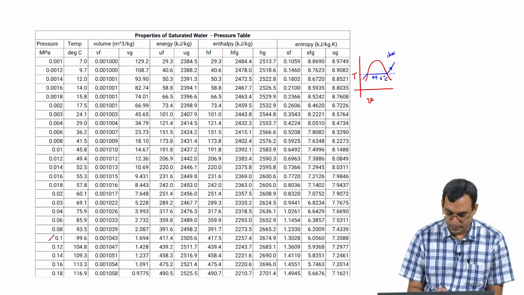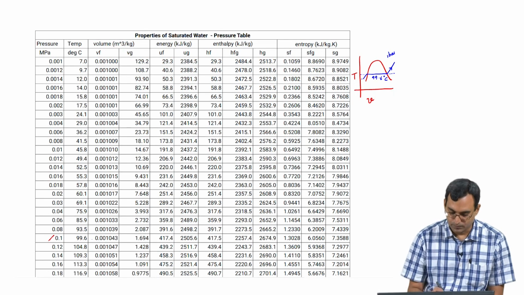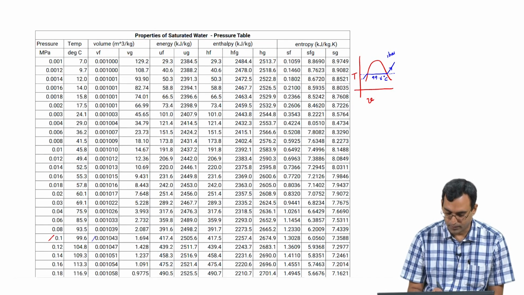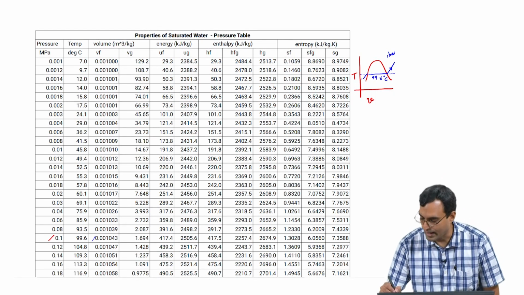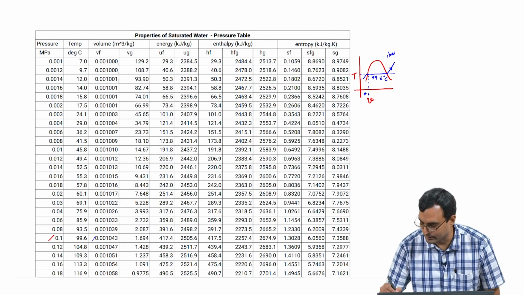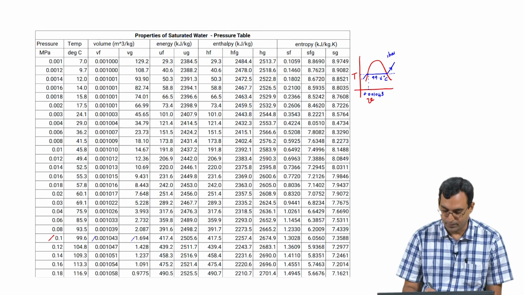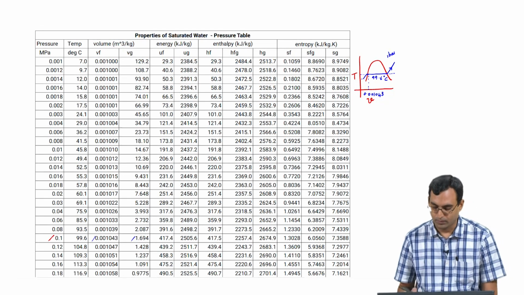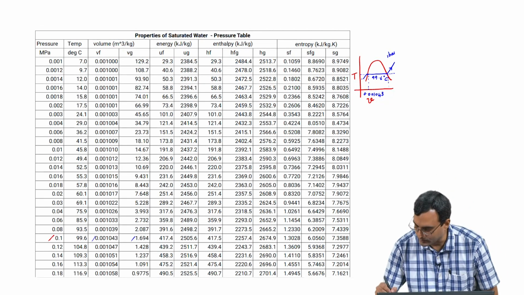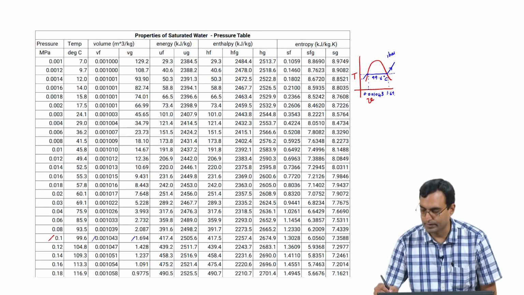For this condition, the specific volume is 0.001043 at the saturated liquid condition. This volume is this value. At the vapor state, the volume is 1.694 meter cube per kg.